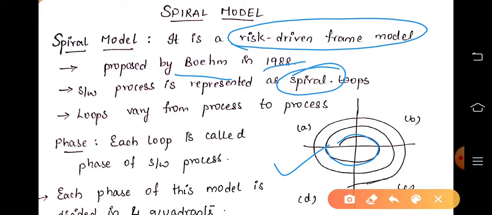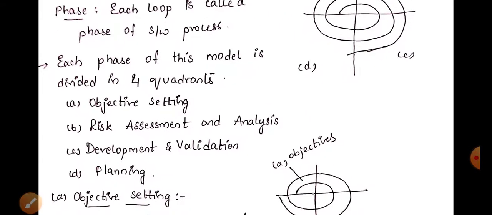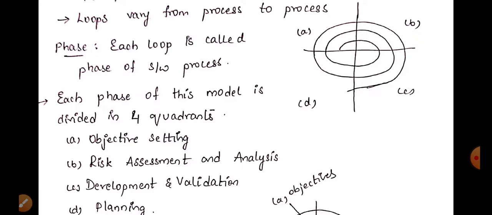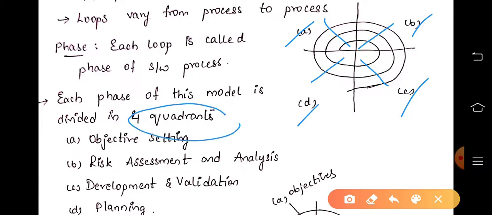Then coming to each phase of this model, each phase has 4 quadrants. Here you can see I represented them by A, B, C, D. These 4 phases we call 4 quadrants.